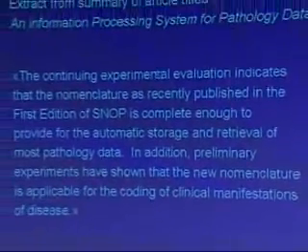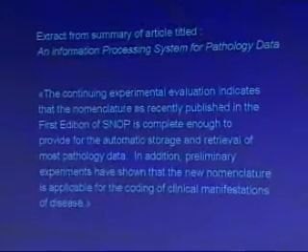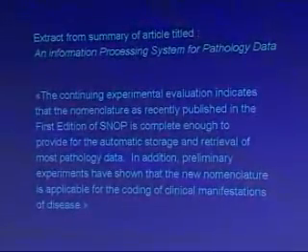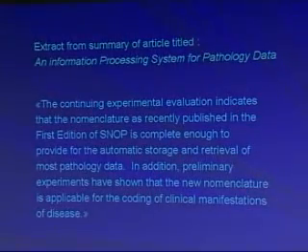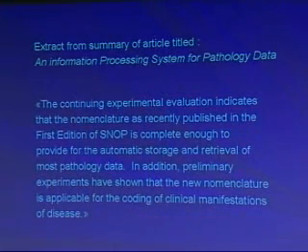The continuing experimental evaluation indicates that the nomenclature as recently published, that is the first edition of SNOP, is complete enough to provide for automatic storage and retrieval of most pathology data. Now that's a long time ago, 66.